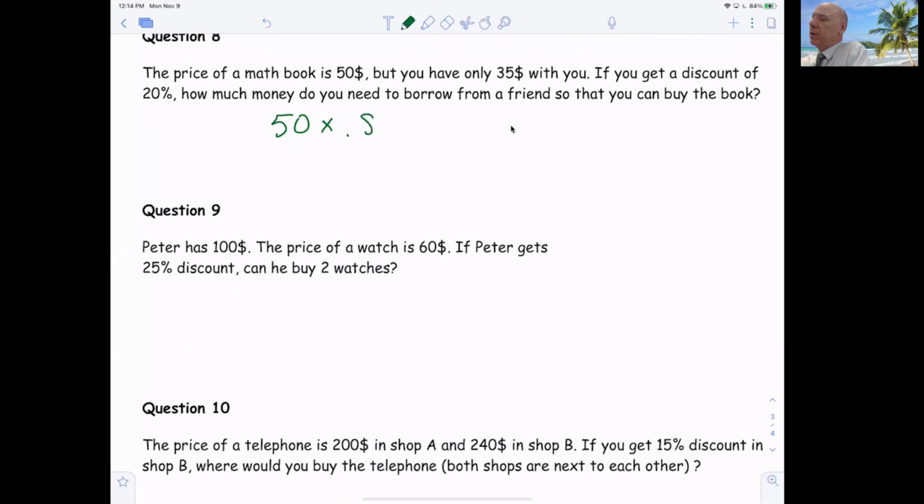Very good, girl. Tell me how much that is. So you have to pay how much for the math book? You have to borrow 5, but you didn't answer my question. You have to pay $40 for the math book. But you only have what? So you have to borrow from your friend $5. Great job.